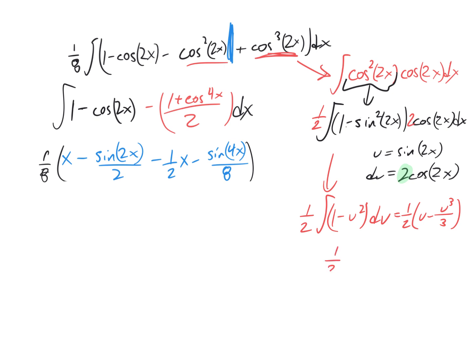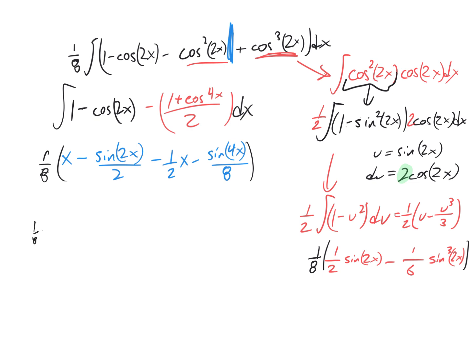We get 1/2 sine 2x minus 1 over 6 sine cubed 2x. And then all of this is still times the 1/8 from the beginning of the problem. Now all we're going to do is put everything together. I will write all the terms out first to the side, and then we can combine whatever makes sense.